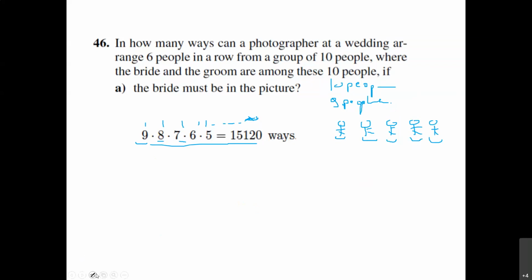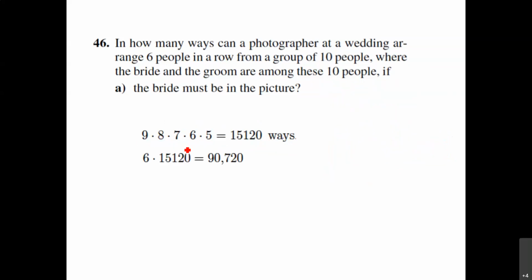Now what you're left with is you want to insert the bride. So where can you put her? Well, either here, here, here, here, or here. So the blue is where anywhere randomly you can put them. Yes, 5 spots, and exactly then afterwards you multiply with 6, because that 6 just means where are you putting the bride.